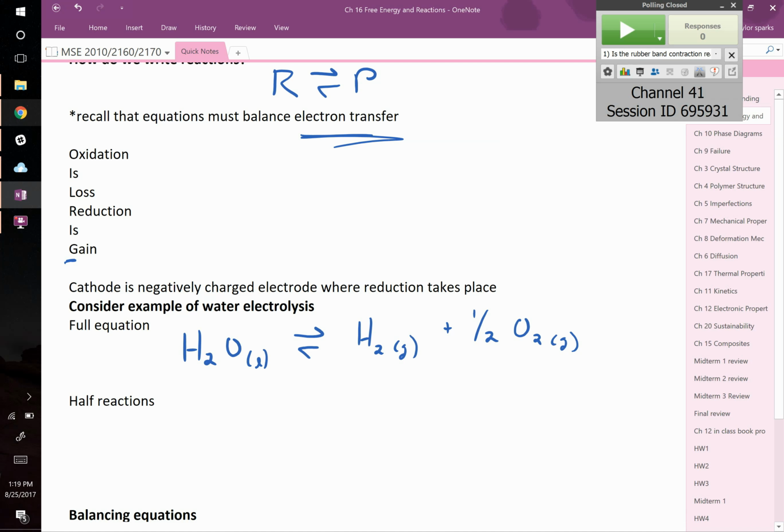Okay, we're going to identify the oxidation and the reduction reactions, and I'm going to pick on Cody, and I think it's Daisy next to him, to do one of each. Which one looks like it's gaining an electron? You have an idea? Yeah, the full equation doesn't explicitly show it. It's not obvious at first glance where the electrons are coming or going. Anybody want to help them out? Anybody see where there's an exchange of electrons?